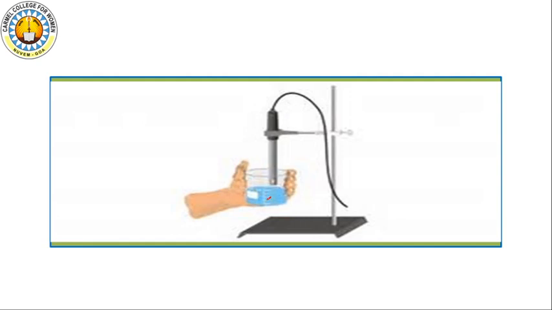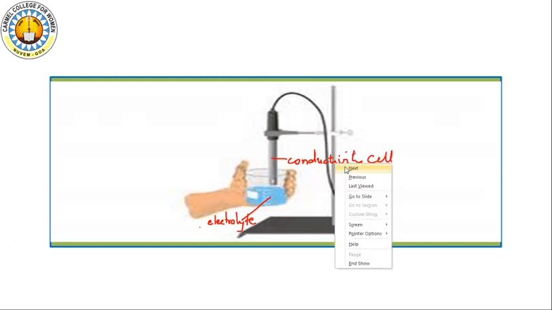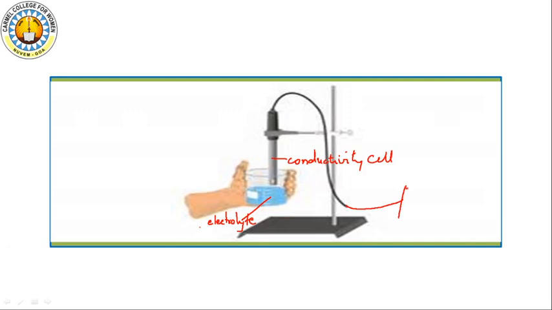This is our electrolyte solution, which will contain the ions. The electrolyte will give us the ions, and this is the conductivity cell, which is usually connected to our instrument, the conductivity meter.